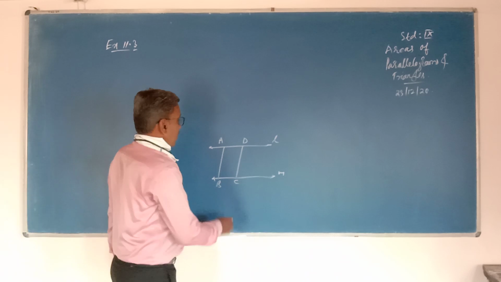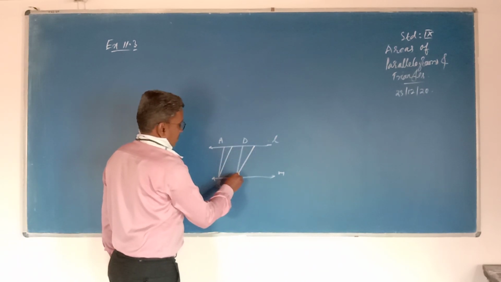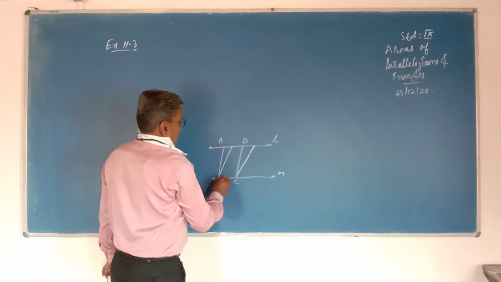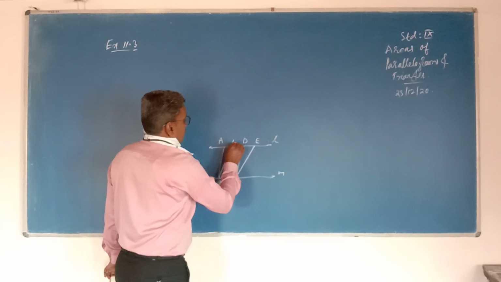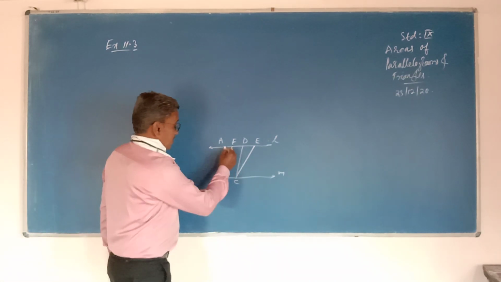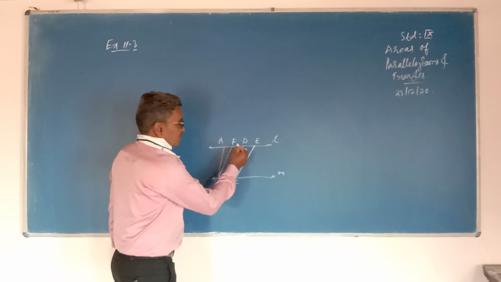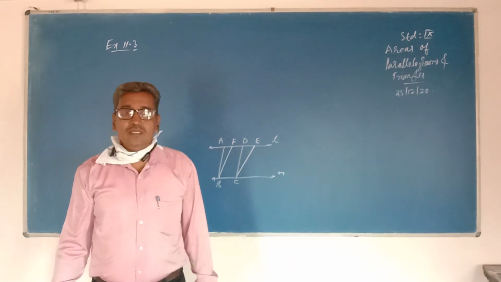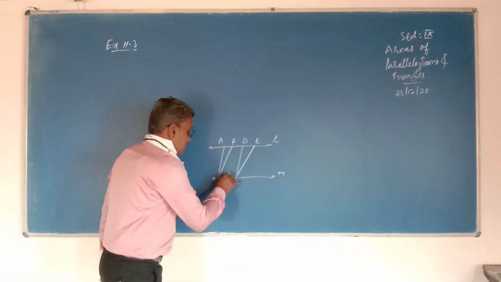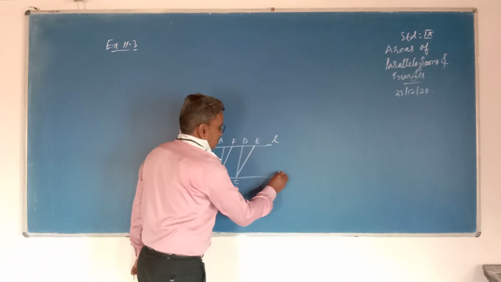ABCD is a parallelogram, BCEF is also a parallelogram, which have the same base between the same parallels.